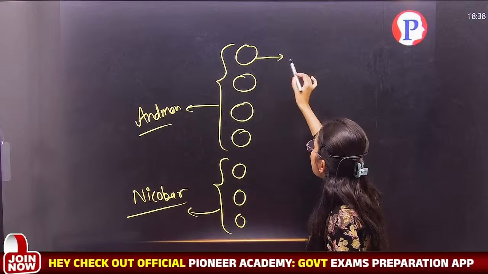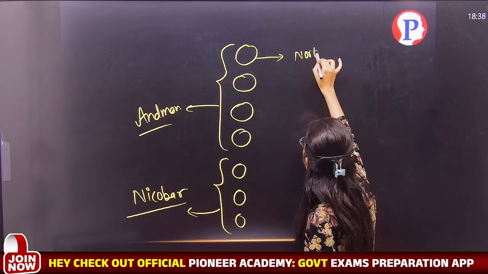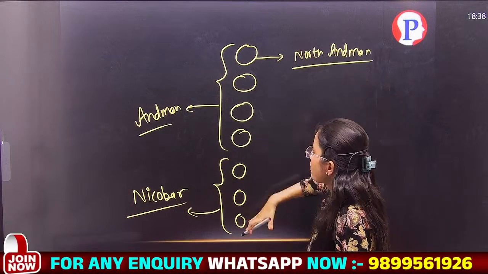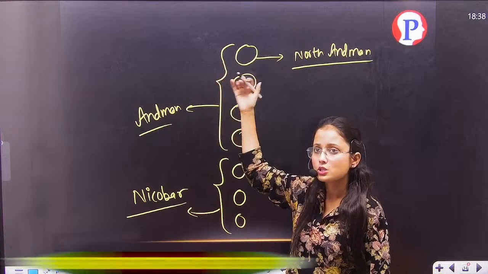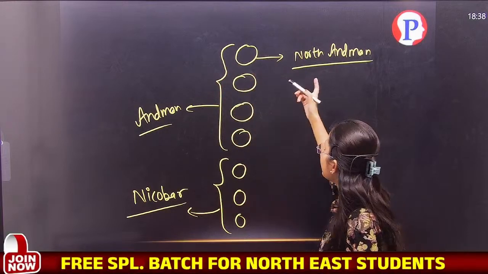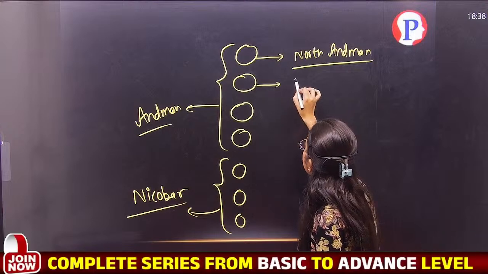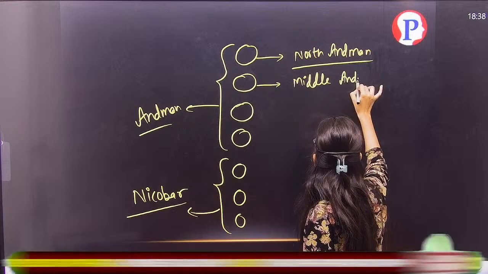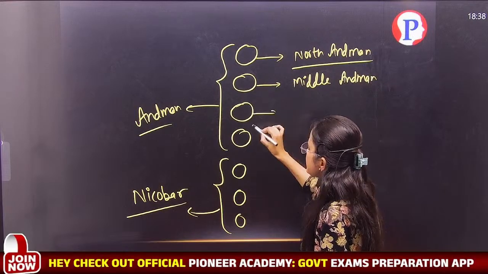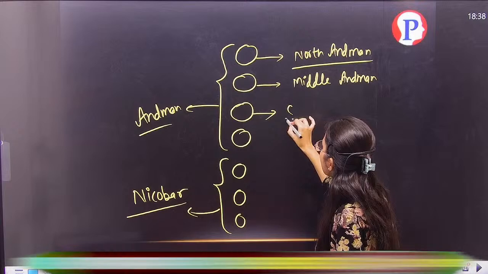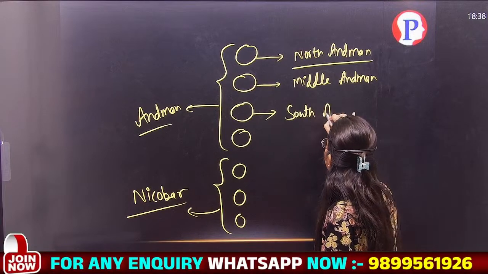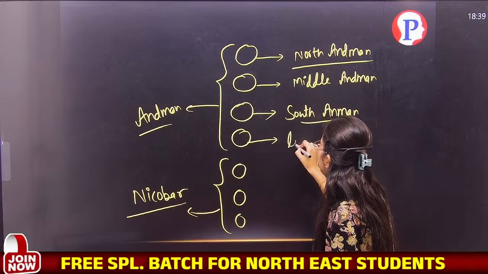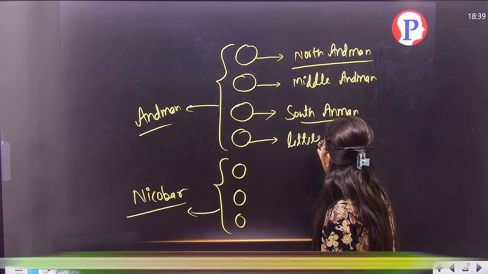This island is called North Andaman, because it is located at the top, in the north. This island is called Middle Andaman. This island is called South Andaman. And this will be called Little Andaman.